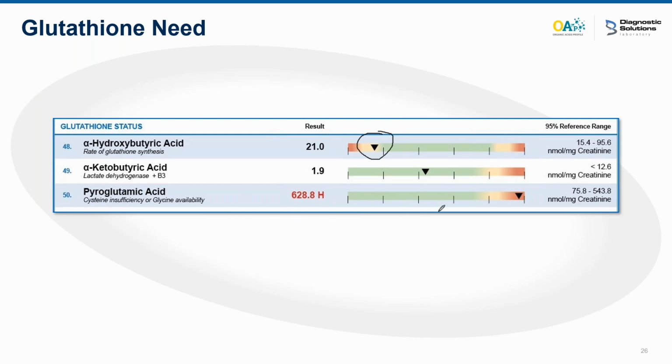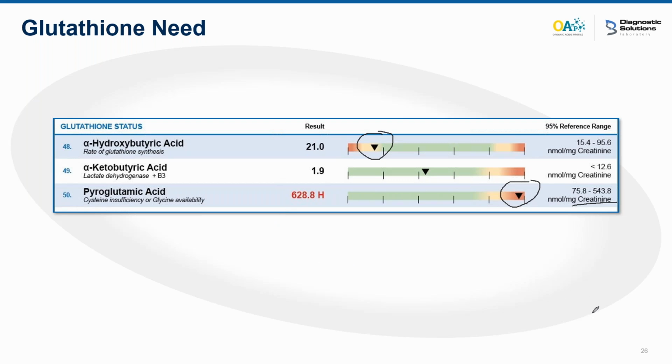And then pyroglutamic acid is extremely high, over the 95th percentile. And this means she is having what we call glutathione wasting. Basically, glutathione is being made and recycled at such a rate that she's losing some. And so this section is really making us worried about her glutathione status.